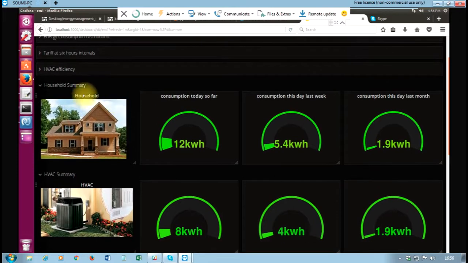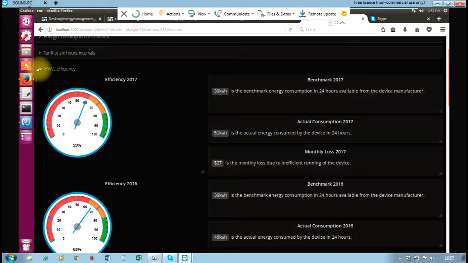Now the next dashboard that we will look at looks at the device level efficiency, and we are going to look at mostly the HVAC unit here, but this is applicable to all units of the household. Now in this case we are comparing the actual benchmark energy consumption in 24 hours which was available from the device manufacturer with the actual consumption that took place, and we are comparing 3 years of data here.